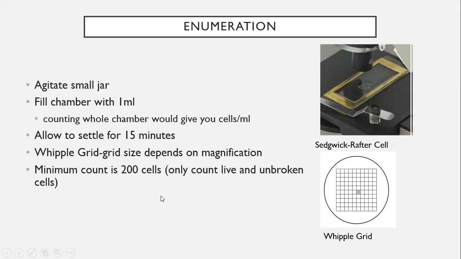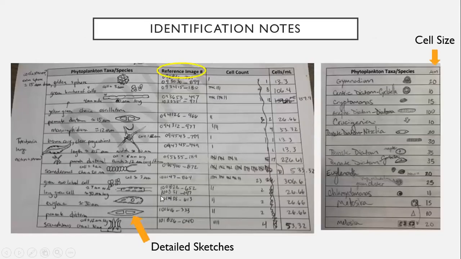All right, so we're going to skip ahead to the identification notes here. So as you can see, as you're counting, you want to take some detailed notes and even little sketches.